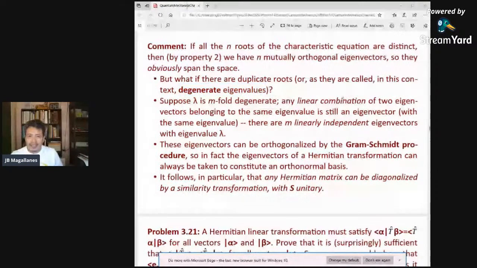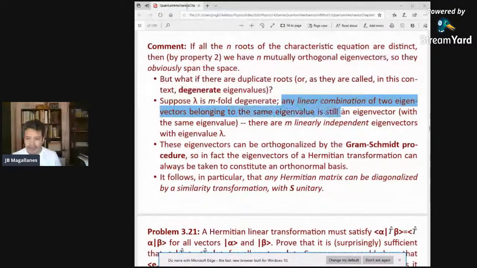Suppose one eigenvalue lambda is m-fold degenerate. M-fold degenerate meaning it repeats m times. Any linear combination of two eigenvectors belonging to the same eigenvalue is still an eigenvector with the same eigenvalue.